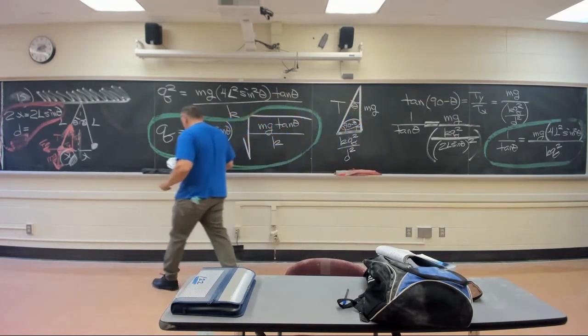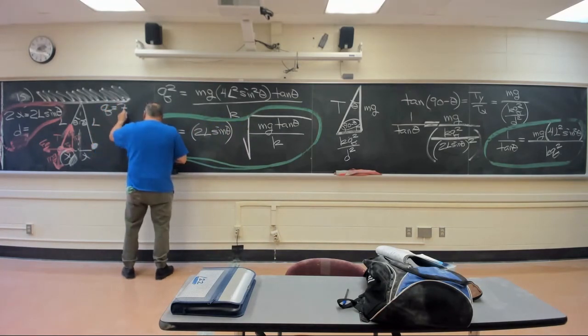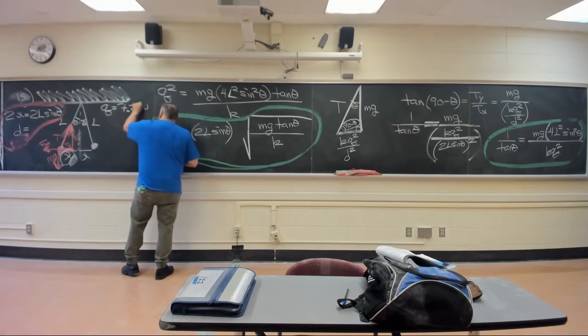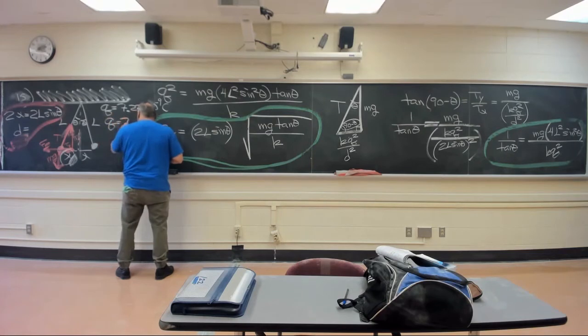So it comes out to 7.22 times 10 to the negative 9 coulombs. 10 to the negative 9, those are nanocoulombs.